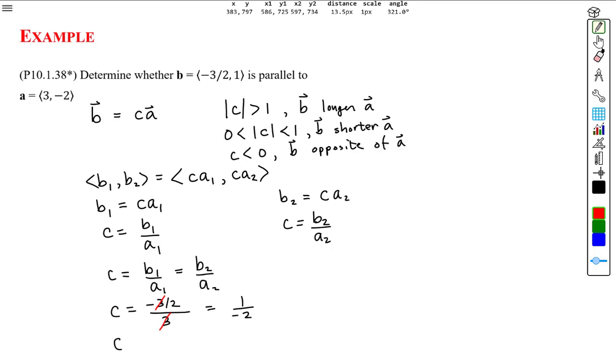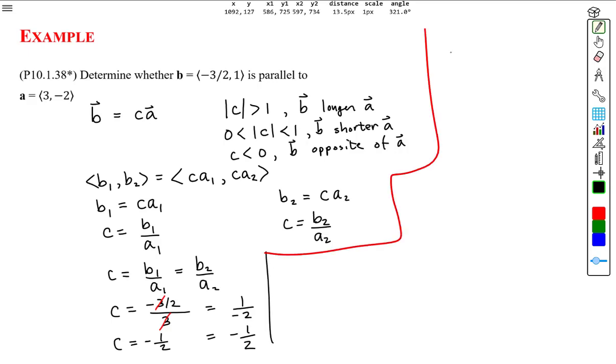What I have here now is that C is equal to minus 1/2. That's from just the x components. And then we have C equal to the same value of minus 1/2 from the y component. So we have the scalar multiple C is equal to minus 1/2.